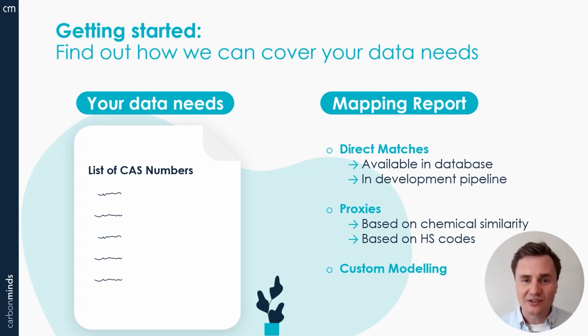For those substances where we don't have the data yet, we can suggest the best available proxies. We have different methods, for example, mapping by chemical similarity, where we find the most similar molecule in our database, or via HS codes. Those are codes used in international trade that describe clusters of similar chemicals. And finally, for everything that is important, we can suggest ways of doing customer mappings.